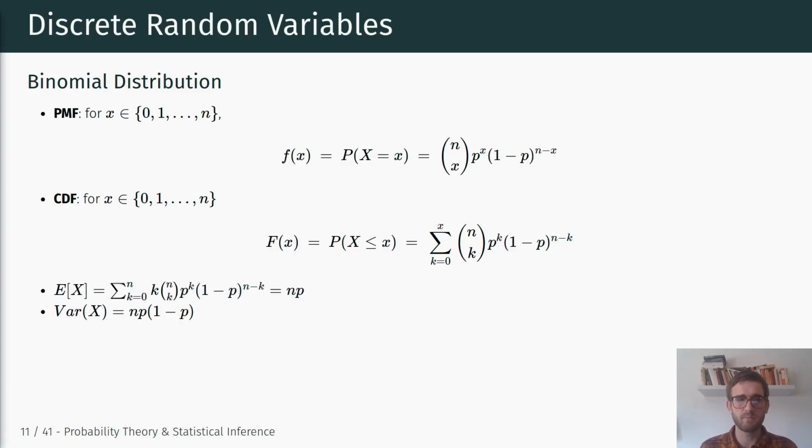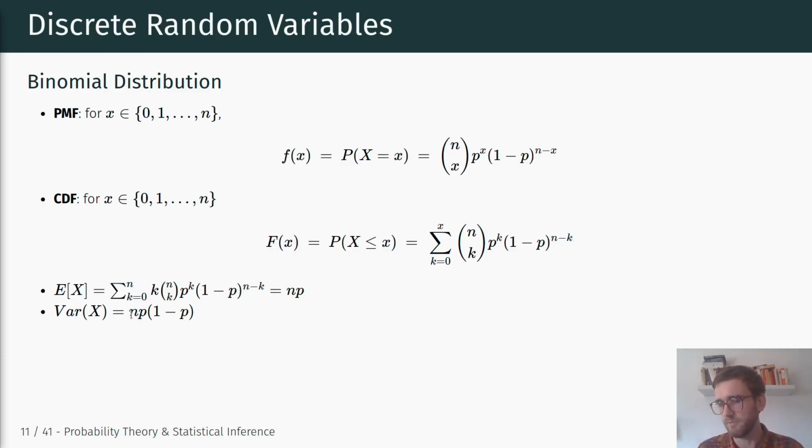Based on this probability mass function and the cumulative distribution function, we can specify the expectation of X as n times p. We could just plug in n and p and multiply this out, and we would get our value n times p for any binomial random variable.